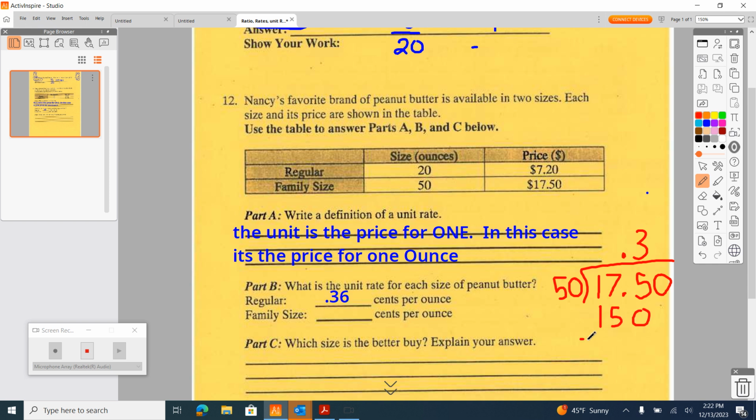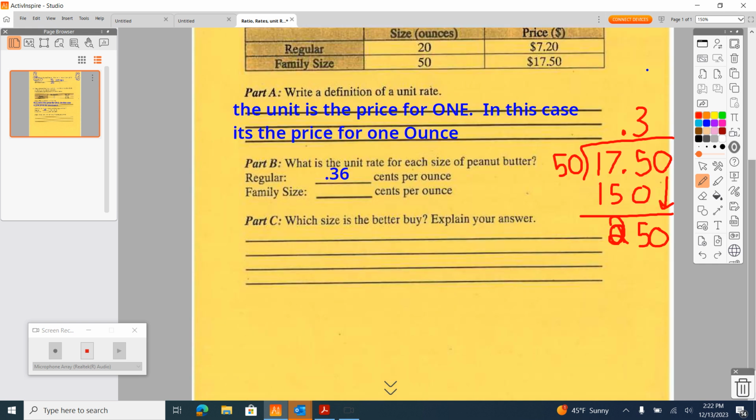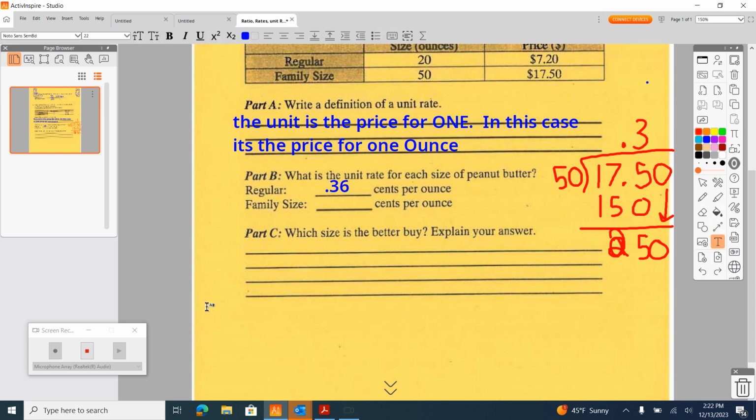So I'm going to subtract now. 5 minus 0 is 5. 7 minus 5 is 2. Oh, that's a 2. It's hard to see that. I'm going to bring down the 0. So one of the things I talk with students about is I'm trying to figure out 50 goes into 250, how many times? You can also make a multiples chart. 50 times 1 is 50. Then 50 plus 50 is 100.